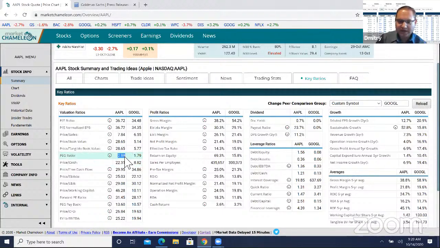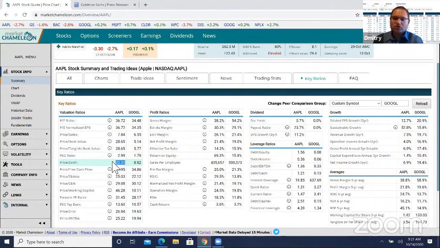We'll get into this PEG ratio, but same thing with PEG ratio, which is just basically taking the PE ratio, dividing it by the expected earnings, or what analysts are expecting the earnings to grow at. So even here, we see Apple 2.99 versus Google 1.79.